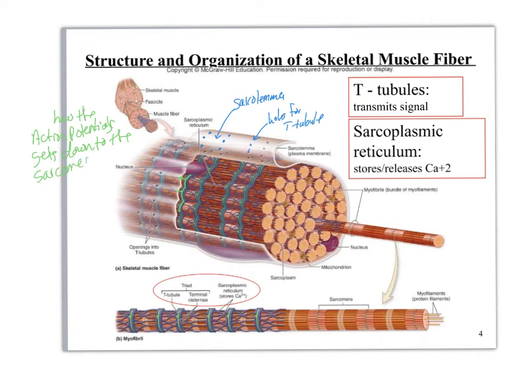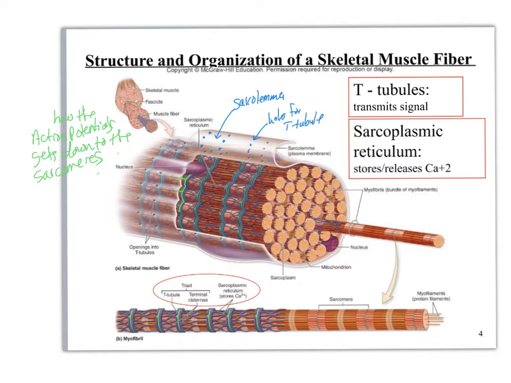We need a pathway for that to occur. So the signal from the neuromuscular junction is going to travel along the sarcolemma, so it's going to ripple out. It's going to go in rings like this and travel out concentrically. So that would be the action potential. It's a terrible drawing, but anyway, you get the idea.